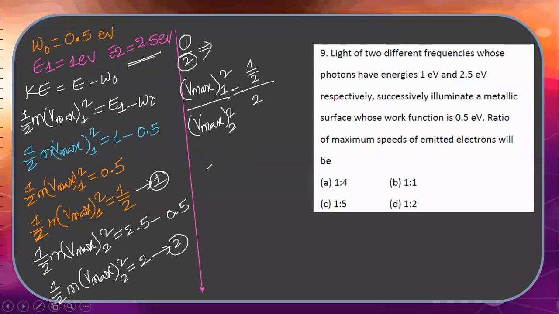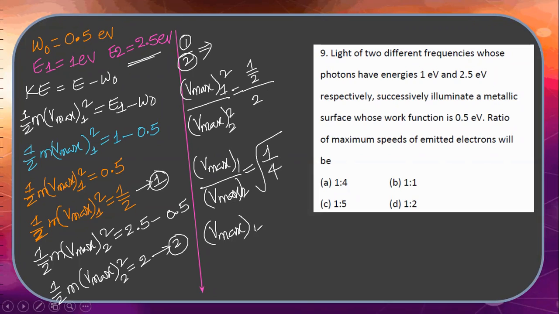This will be V maximum 1 by V maximum 2 whole square, that will be equal to 1 by 4. Under square root, V maximum 1 divided by V maximum 2 is equal to 1 is to 2.